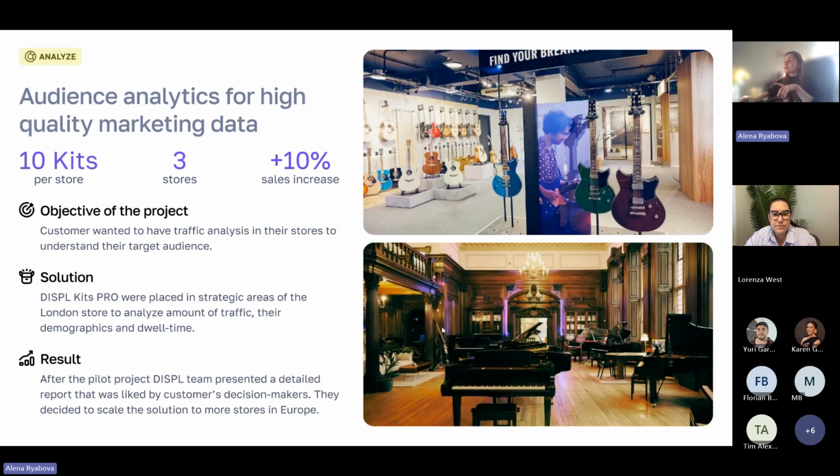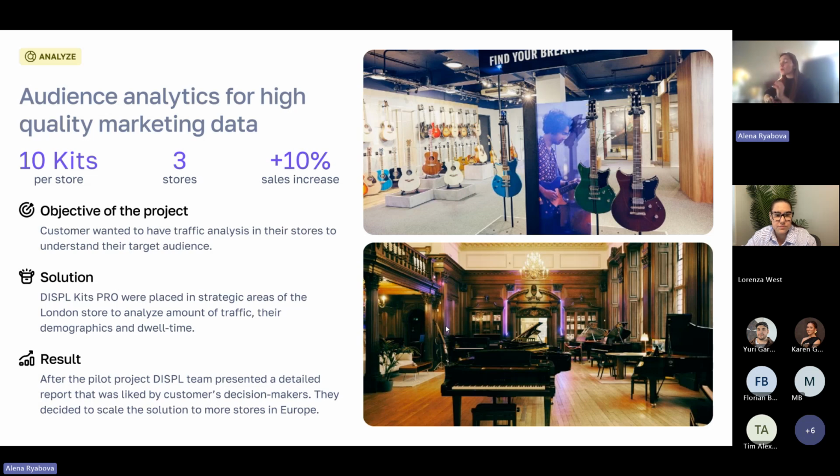Another interesting case is a popular big store of guitars and other musical instruments. They were interested in what people are coming to them. They have a big two-floor store with absolutely different musical instruments all over the place.